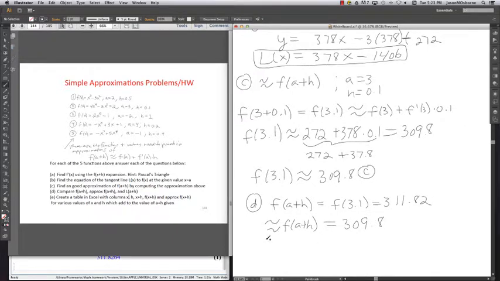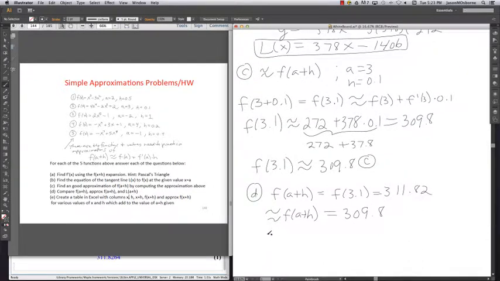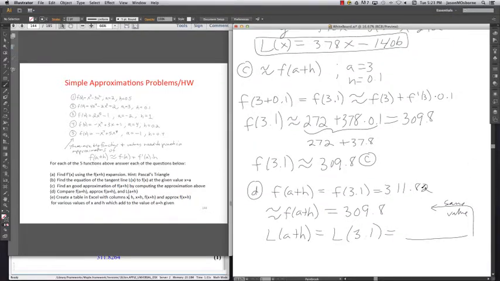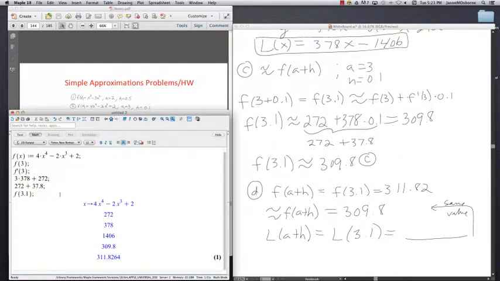The other part asked you to find L of a plus h. Well, that means look at your line and put 3.1 into the equation of your line. And you know you're on the right track if you get the same value. You should get the same value. So let's double check that. Let's make a line.